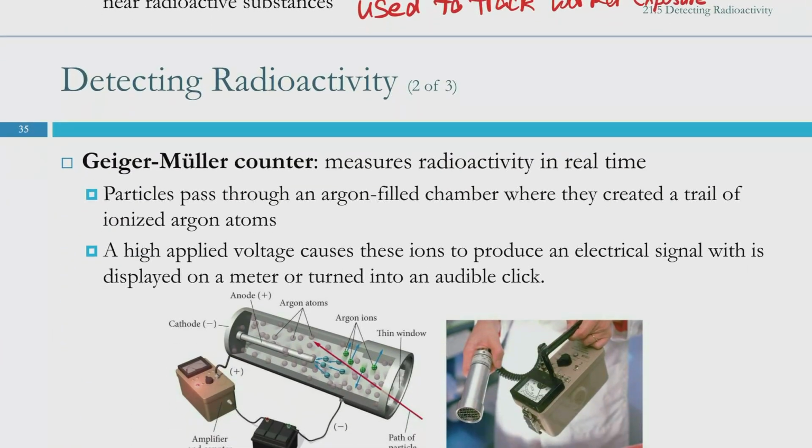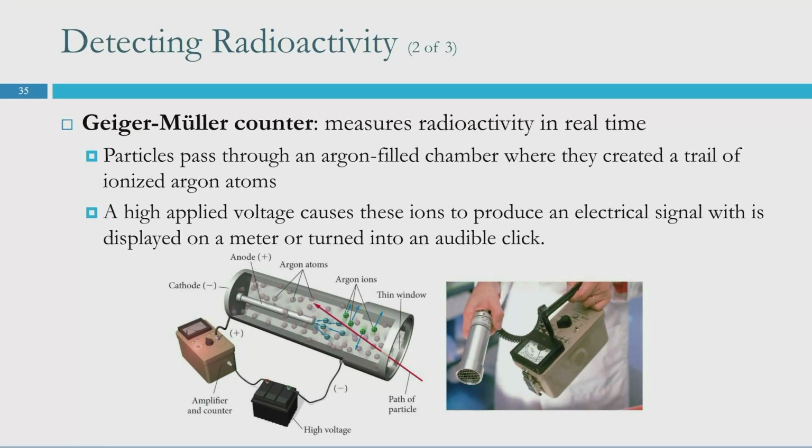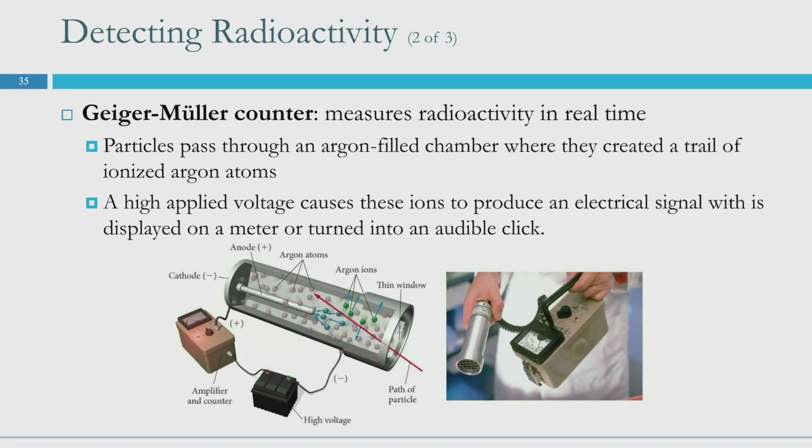There's also ways of detecting radioactivity for shorter periods of time, or instantaneously. The most famous being the Geiger or Geiger-Müller counter. This is the one that you probably know about, the one that goes click, click, click, or has a buzzing, beeping sound. If you've played Fallout, this is the clicking that you hear when you're exposed to radioactivity.